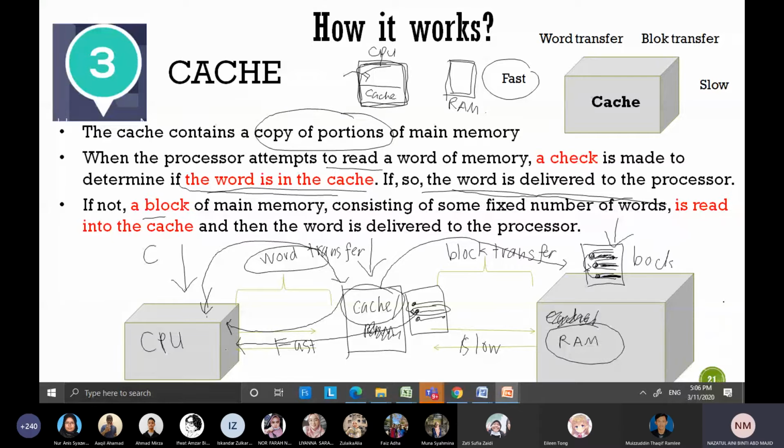If the word is not in the cache, the block of main memory consisting of some fixed number of words, a number of instructions or words, will transfer into cache, and then the selected word from that block will be transferred into the CPU. So that is how the CPU works with the cache.